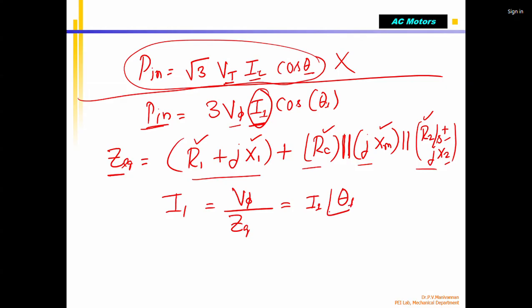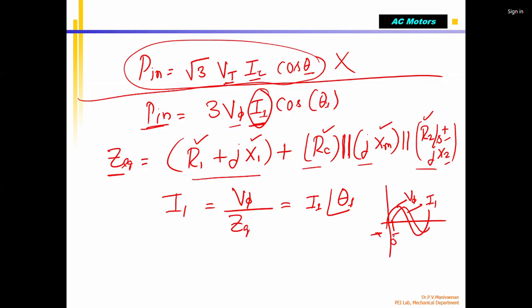Theta 1 is the phase difference between the voltage and current. I told you, if I supply an AC voltage to an inductive circuit, automatically a phase shift will be there. This is my voltage, V phase. This is my current, I_1. The difference is theta 1.